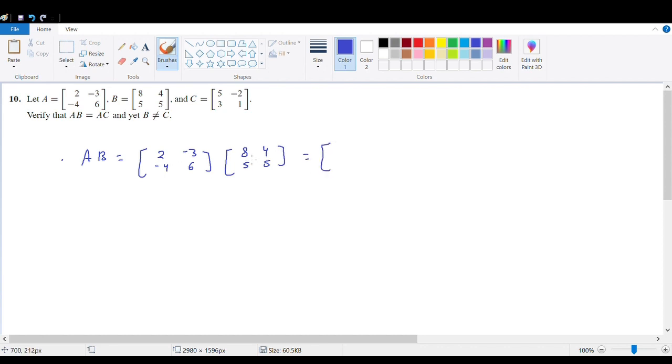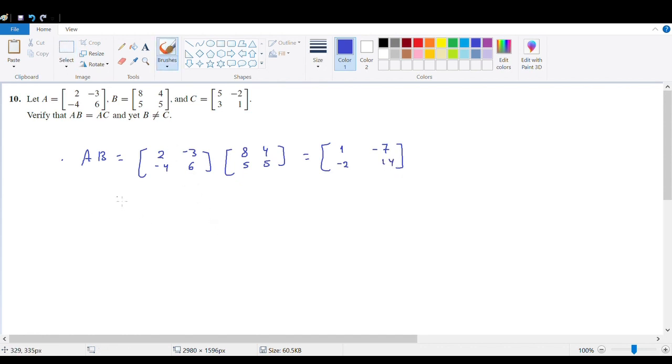So 2 multiplied by 8 plus minus 3 multiplied by 5, this will give us 1. 2 multiplied by 4 plus minus 3 multiplied by 5, this is minus 7. Then minus 4 multiplied by 8 plus 6 multiplied by 5, this is minus 2. Minus 4 multiplied by 4 plus 6 multiplied by 5, this is 40.